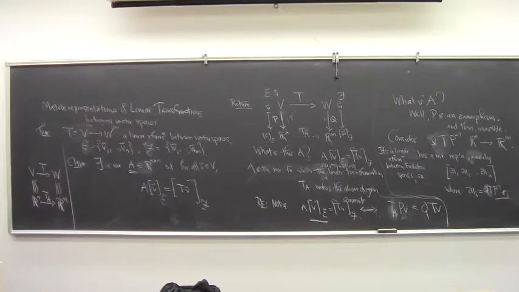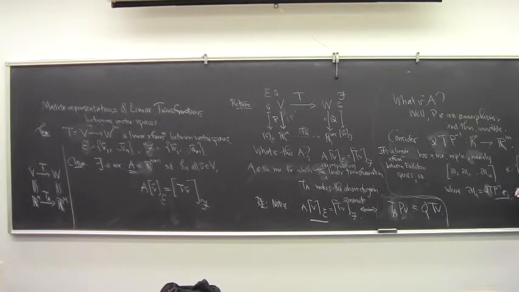Is P inverse E_i a column vector? E_i is a column vector, right? So like E1 is 1, 0, 0, 0, 0, 0, right?